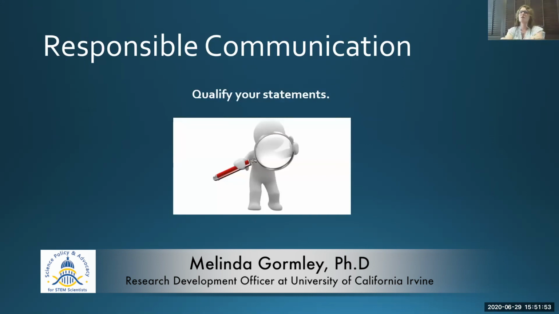So there are 3 points I'm going to make here. One is qualify your statements. What I mean here is explain what is scientific knowledge, what is known, and you might even explain what is unknown, but also what is your interpretation of the science, or what is the consensus about the science. And then when you talk about your opinion that's based on your values, you want to make sure you qualify those statements and differentiate them from ones about the science.